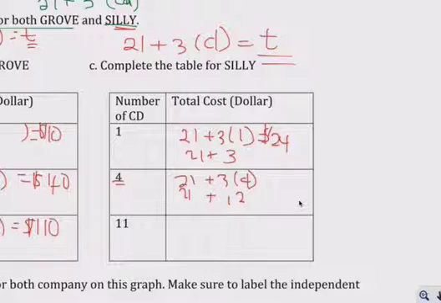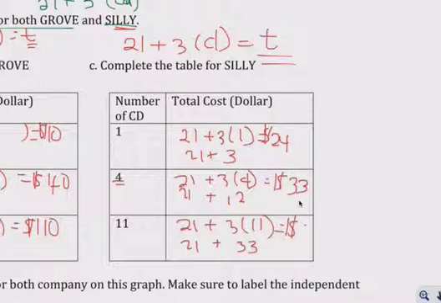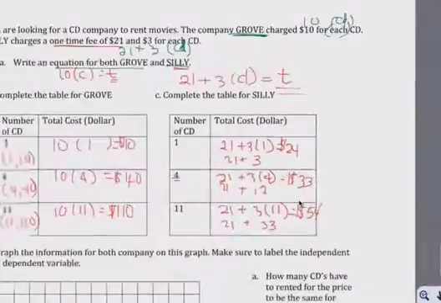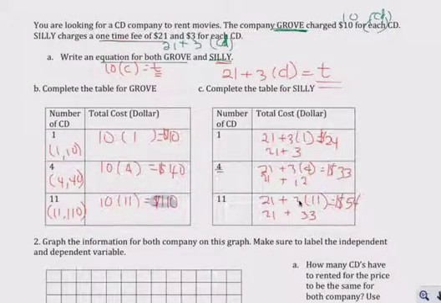That gives $33 for 4 CDs. Okay, so 21 plus 3 times 11 CDs equals, that's 33 plus 21. That's $54 for 11 CDs. Compare the cost. Look, Silly starts out more, but ends up being less later.